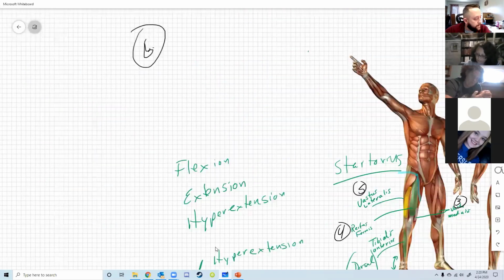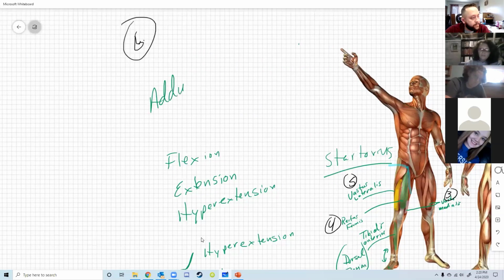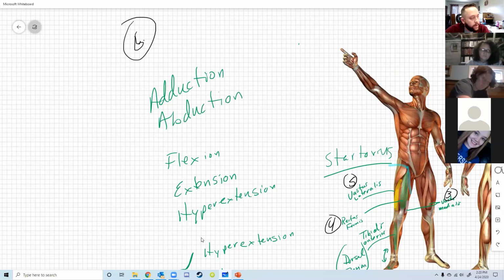So you got those three. You've got adduction and abduction. And the key to remembering these are their prefixes. So add and like abduct.